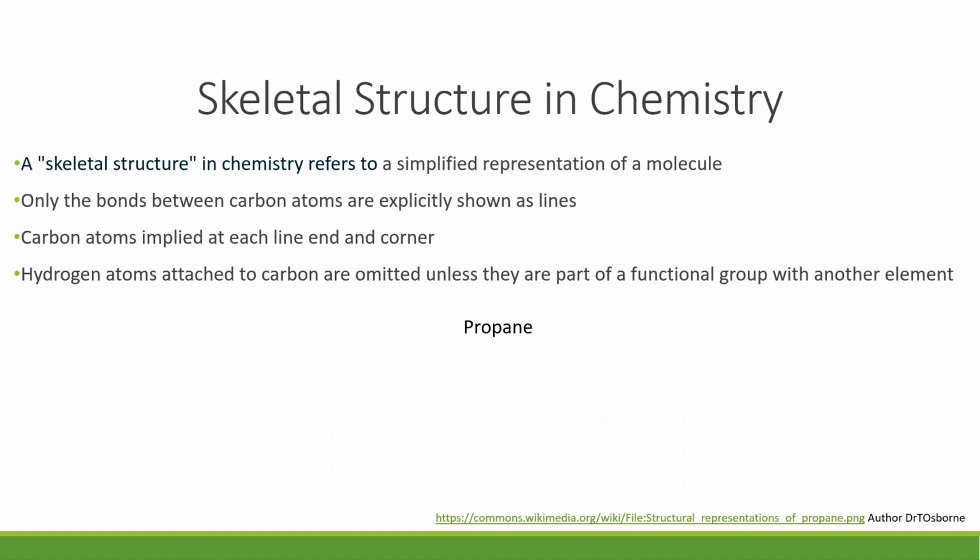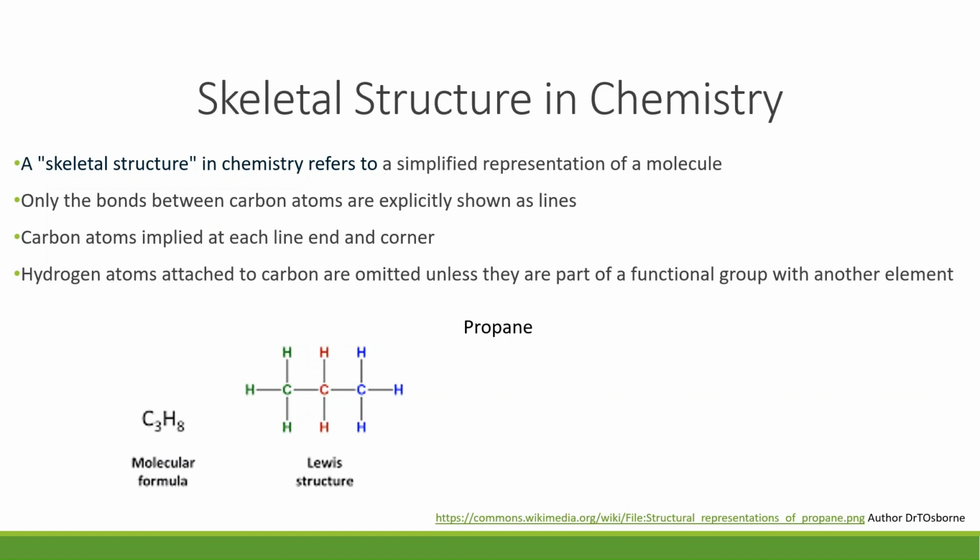Carbon atoms are understood to be present at each line's end or at each corner. Hydrogen atoms attached to the carbons are usually not shown unless they belong to a functional group containing another element like oxygen or nitrogen. However, it is important to remember that each carbon atom will always form a total of 4 bonds. So let's take a look at how this works.